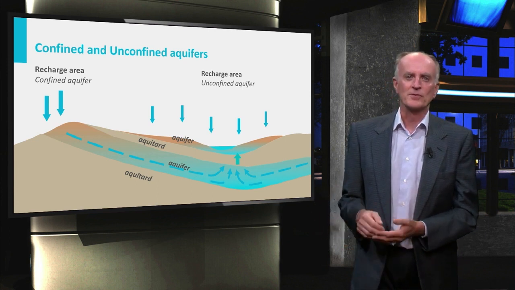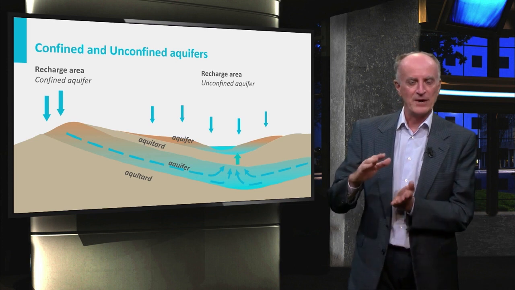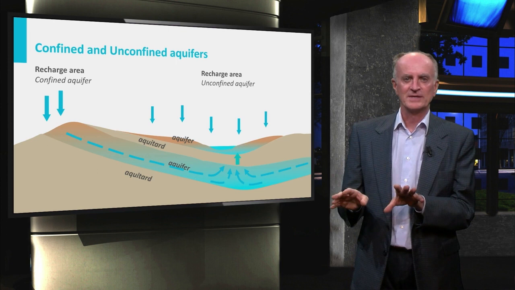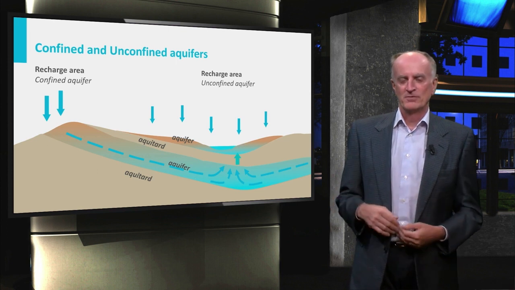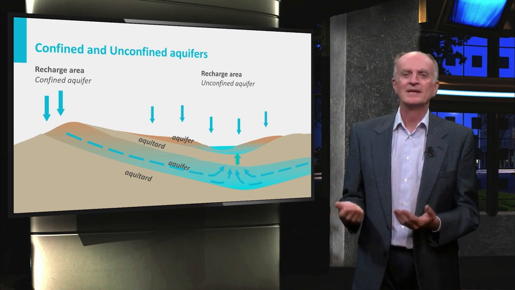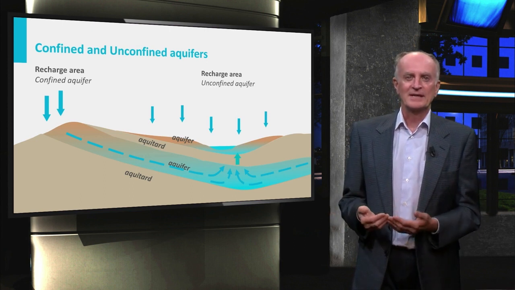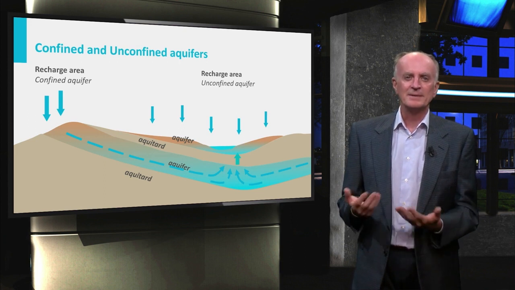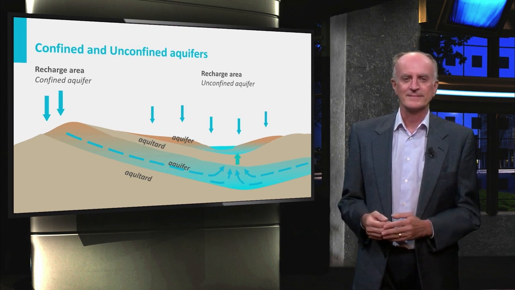Differently from unconfined aquifers, they are bounded by two low permeability formations and are fully saturated with water. Confined aquifers are deeper and more difficult to access, but have clearly some major advantages, like the fact that they are protected from negative effects from the surface and that they typically have clean waters.